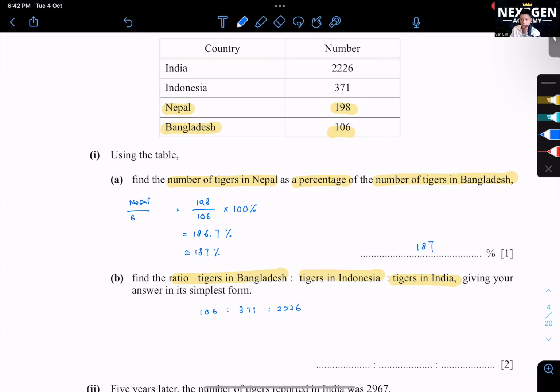Then you need to simplify it to the simplest ratio. For this one, you just need to divide all the values by 53 to find your simplest ratio. So you get 2, 7, and then 42. It needs to be in this order, so don't put it the other way around.